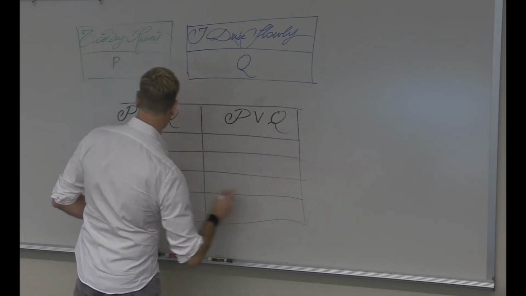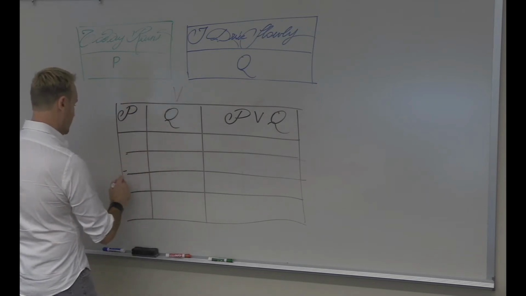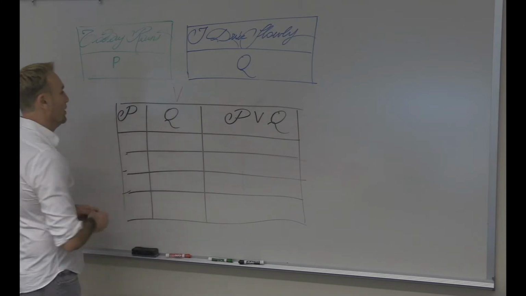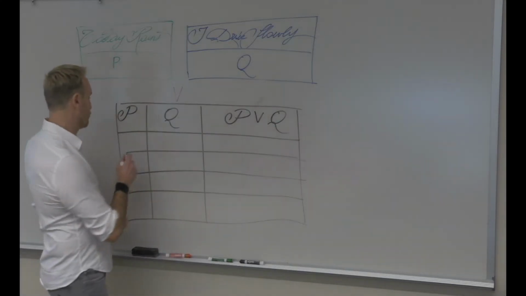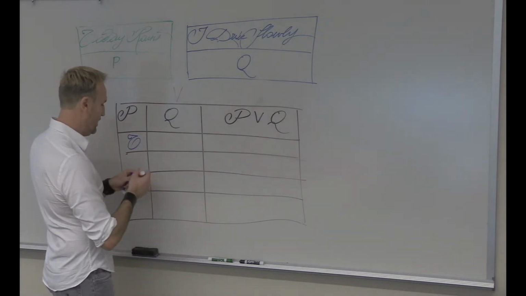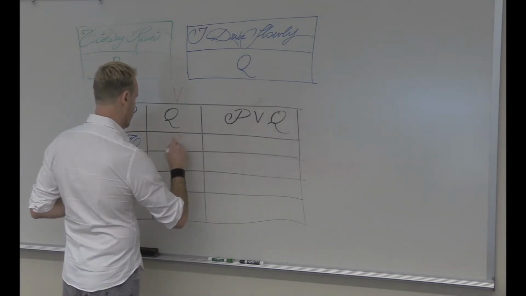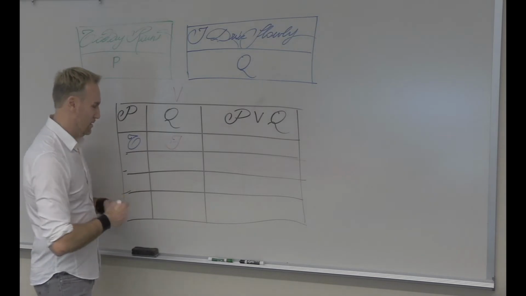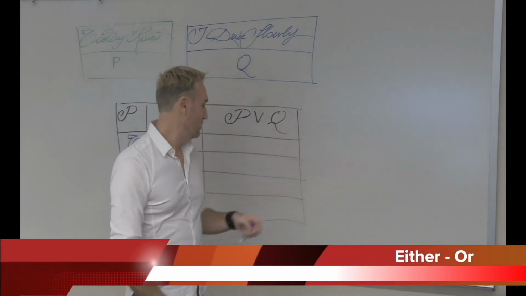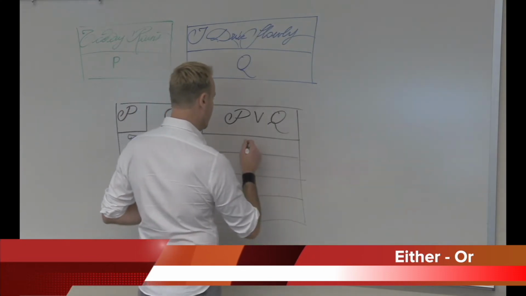Wonderful. Okay, great. So let's use two different colors for clarity. So P is true, but Q is false. Okay? Since we're talking about either or, this turns out to be true.